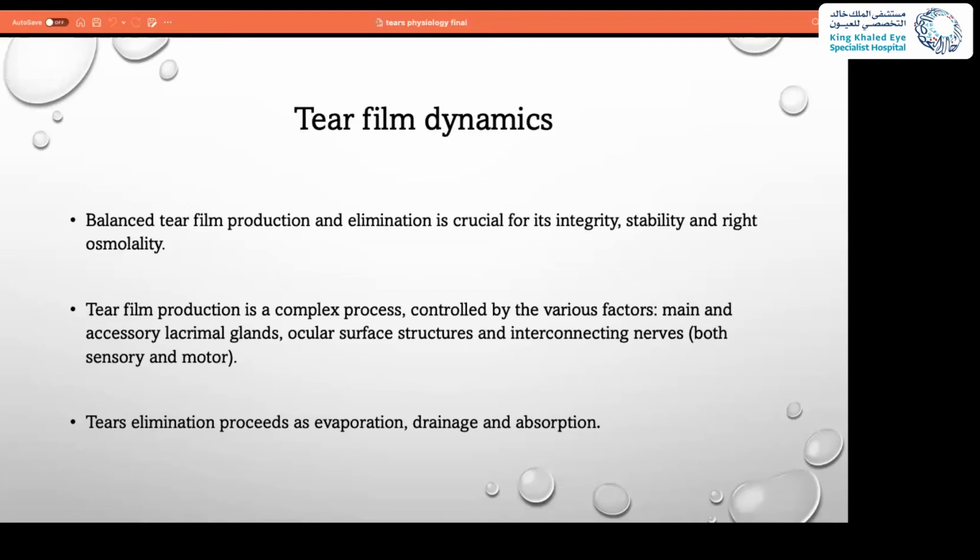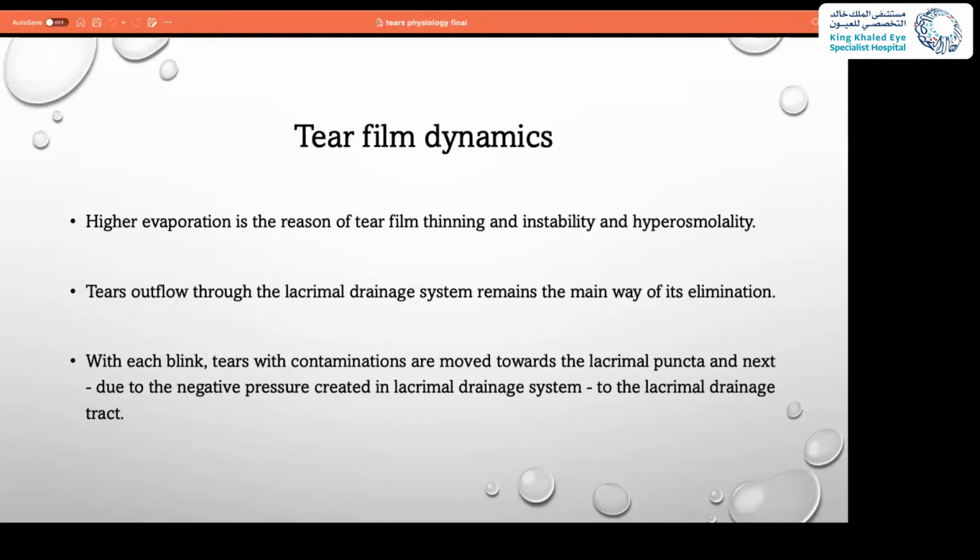Tear elimination proceeds as evaporation, drainage, and absorption. Higher evaporation is the reason for tear film thinning, instability, and hyperosmolality. Tear outflow through the lacrimal drainage system remains the main way of its elimination.